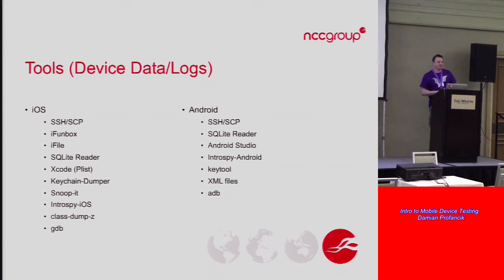You're looking at configuration files. You're going to look at SQLite databases, plists for the configuration files on iOS, XML files for the configuration on Android. Looking at the keychain in iOS is also a really good place, whether they're storing things correctly on the keychain or if they're using the keychain at all.